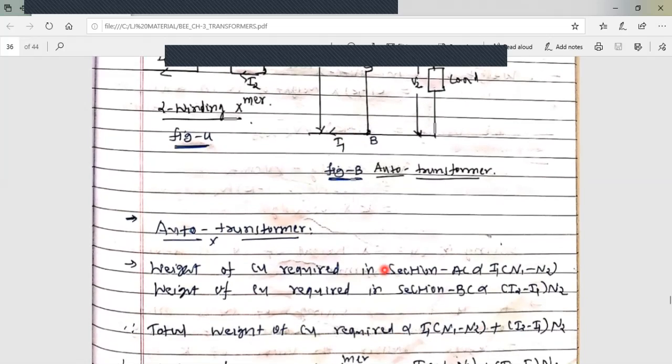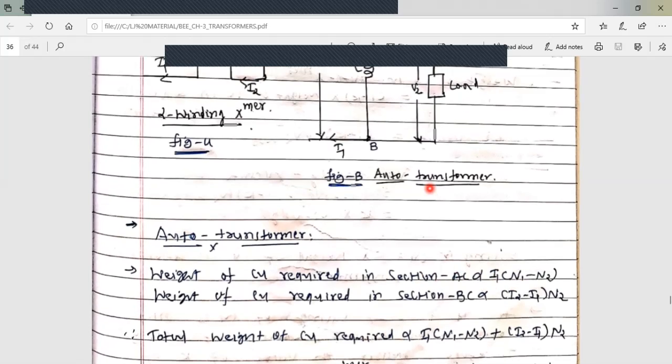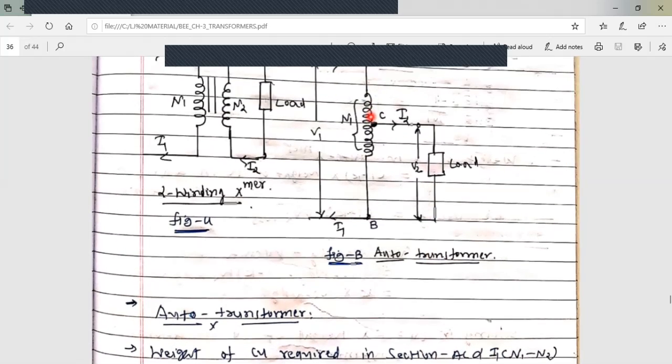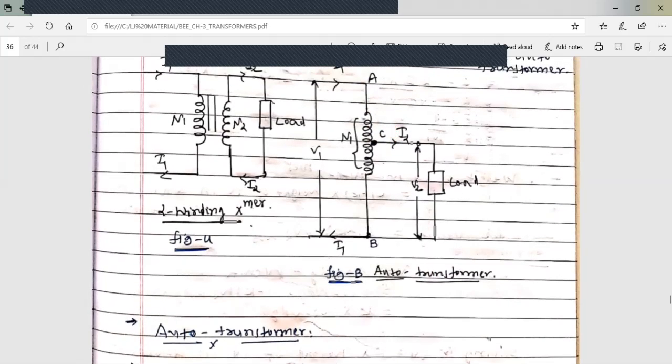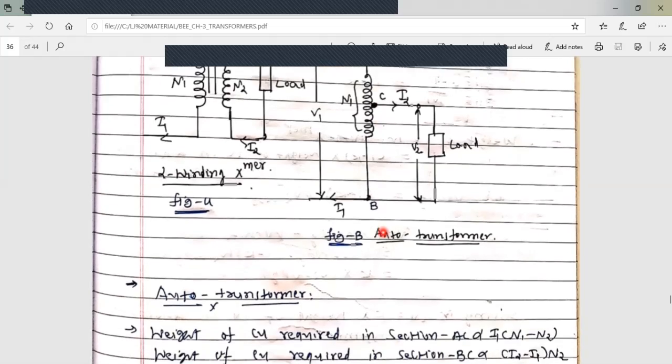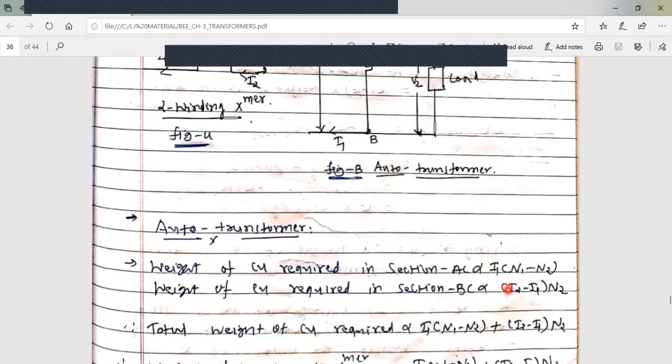So weight of copper in section AC is proportional to: in the AC section current is I1 and number of turns is N1 minus N2, and in the BC section, see here, current is I2 minus I1 and number of turns is N2.